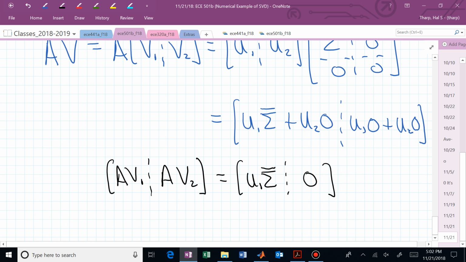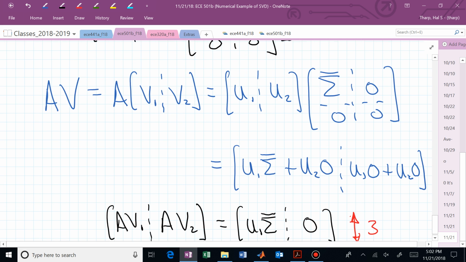Well, what can we back out of this dimensionally? How many rows did we have in U1? U1 actually possessed, or U2 possessed 3 rows. How many columns were in U1 or in sigma bar?